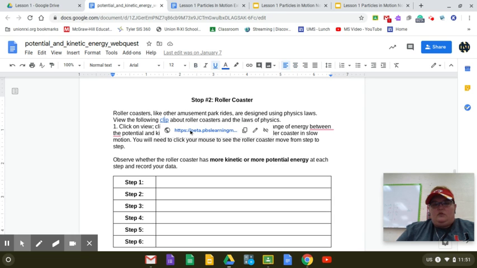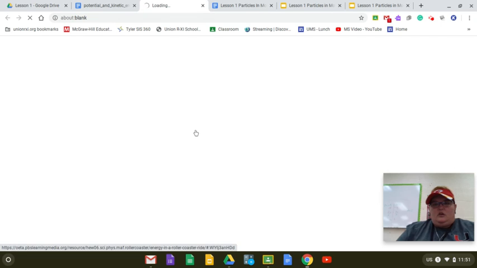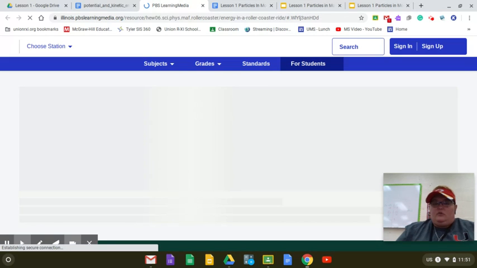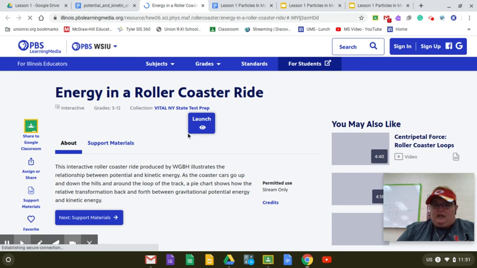And if you click on that website, hopefully it's working. You'll be able to see a roller coaster and how, depending on where it's at in the roller coaster, how much potential energy it has, how much kinetic energy it has.